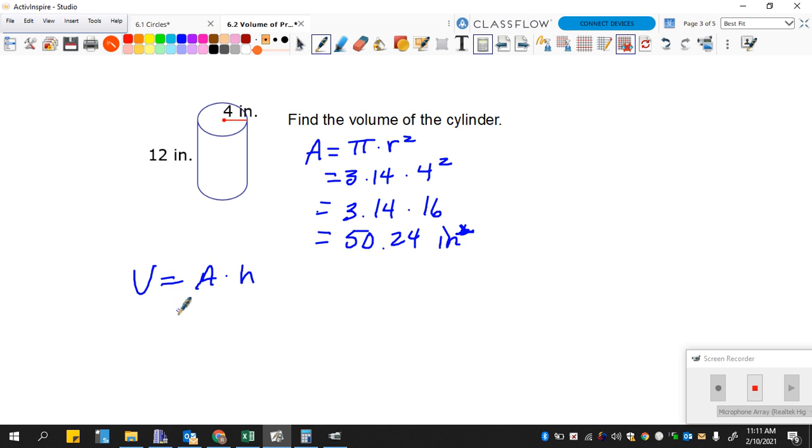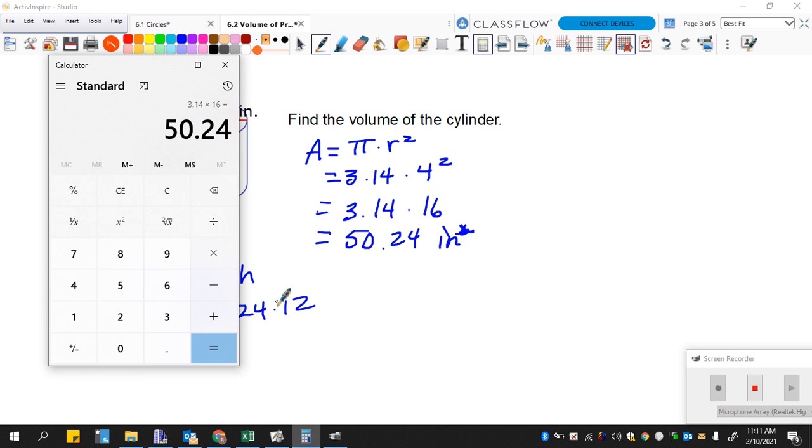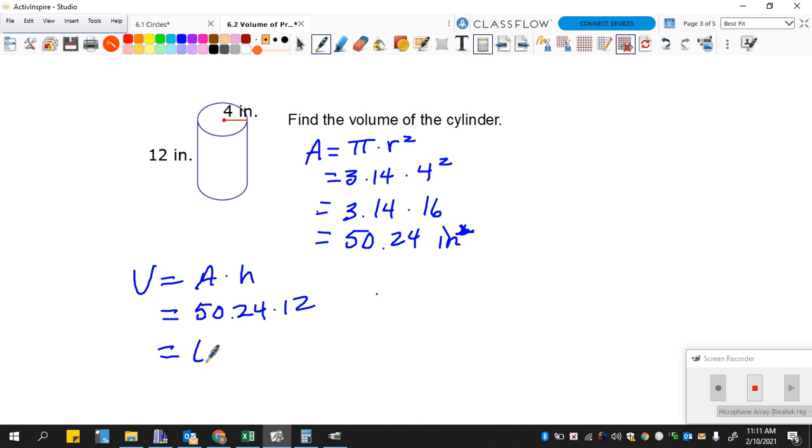So that would be 50.24 times 12, which is 602.88. Now remember, this was inches, so that would be 602.88 cubic inches.